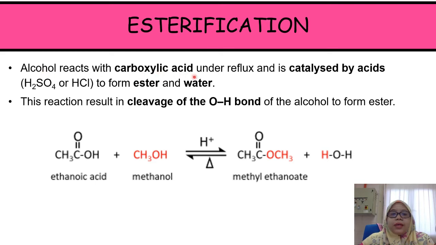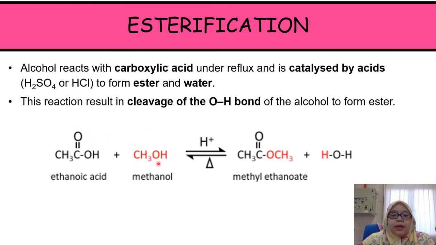Alcohol reacts with carboxylic acid under reflux and is catalyzed by acid to form an ester and water. This reaction results in the cleavage of the OH bond of the alcohol to form the ester. So we see here our carboxylic acid reacting with alcohol.